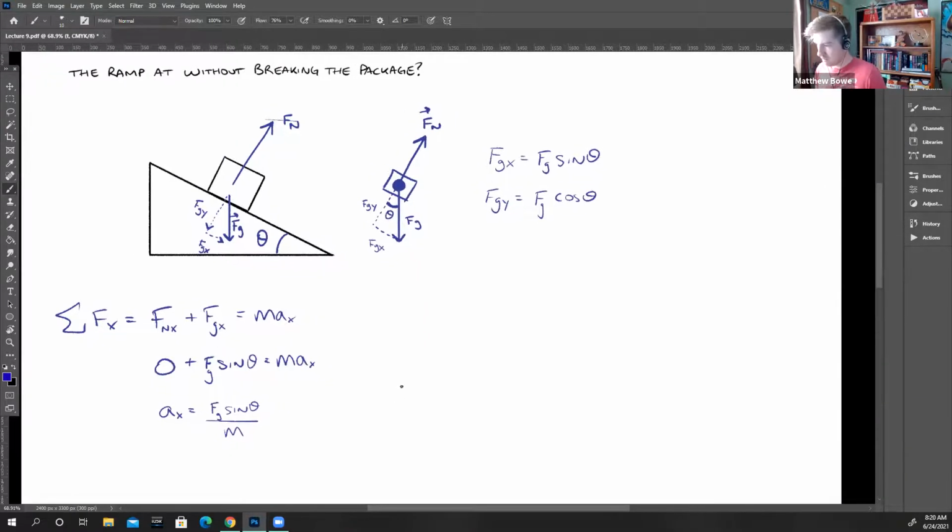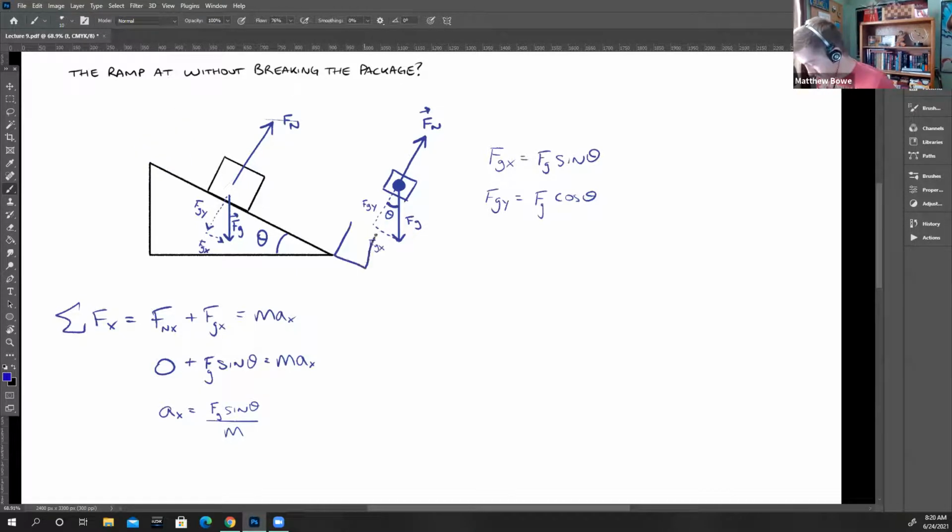All right. Now, what else do we need? We have an acceleration. We want to know basically a final velocity right here. You know, we're starting out the box up here. I'm just loosely sketching. So we start out the box at the top of the ramp and it has no velocity. So we have an initial velocity.